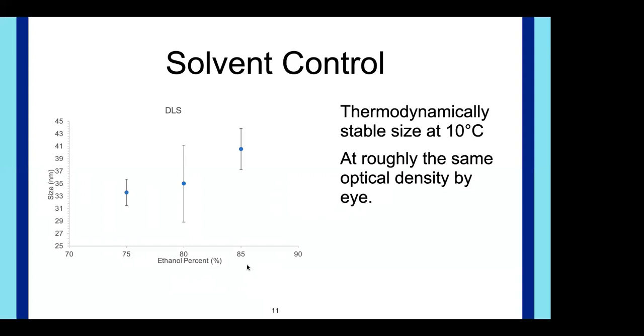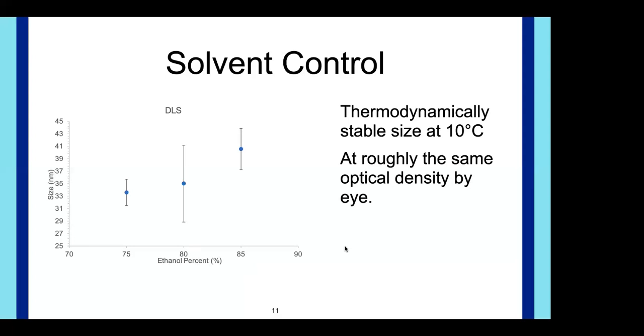These were done at roughly the same optical density, just by eye. Need to redo this experiment with complete control over the concentration of these to make sure, all else being equal, we'll see what solvent specifically does to this. And we see the error bars on the 80% ethanol here just being caused by DLS difficultness.